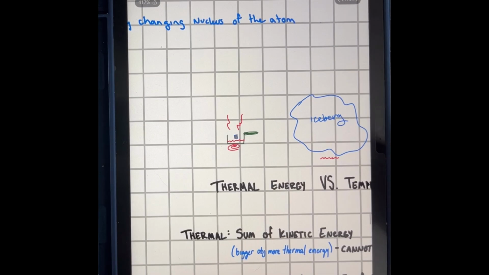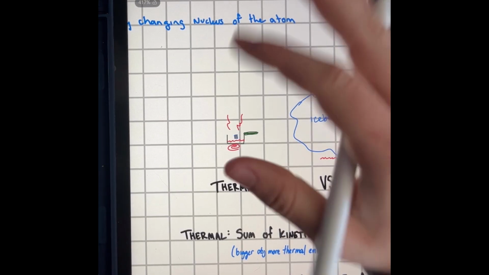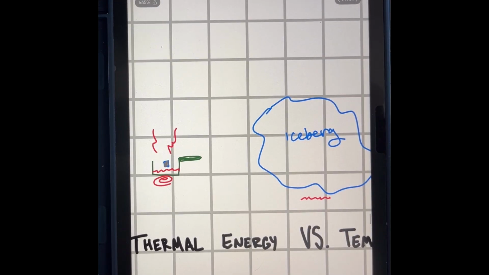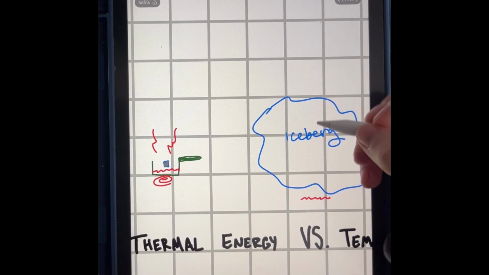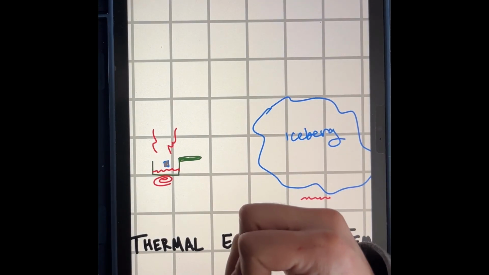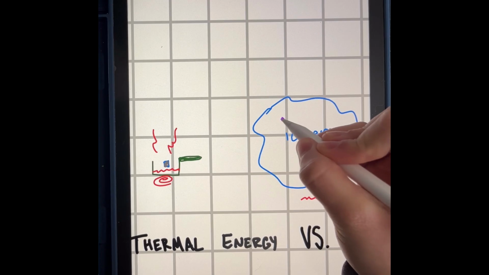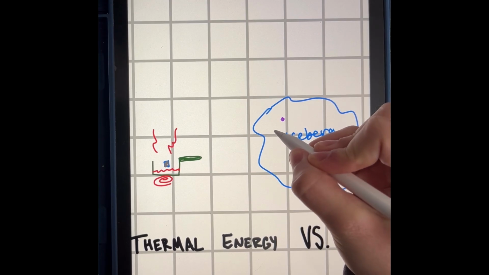And what I mean by kinetic energy is within any substance there are molecules. Depending on what the substance is, for example an iceberg, there'll be many molecules obviously, but they'll be vibrating or rotating. They won't be moving around.